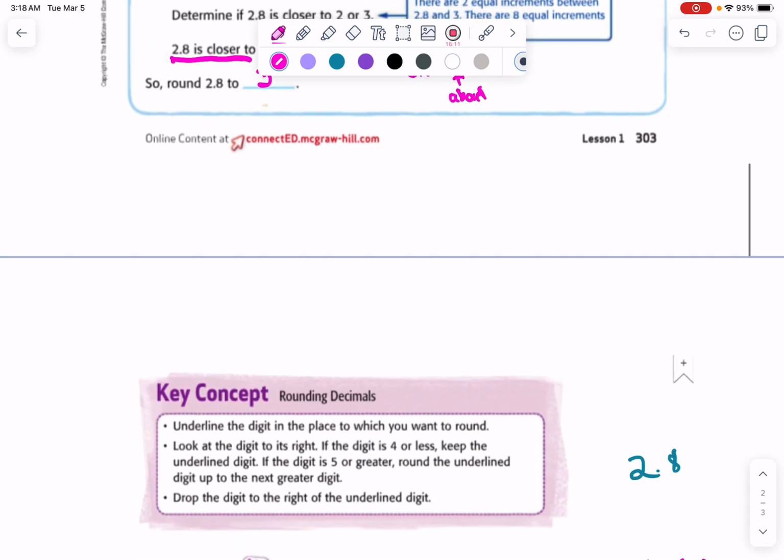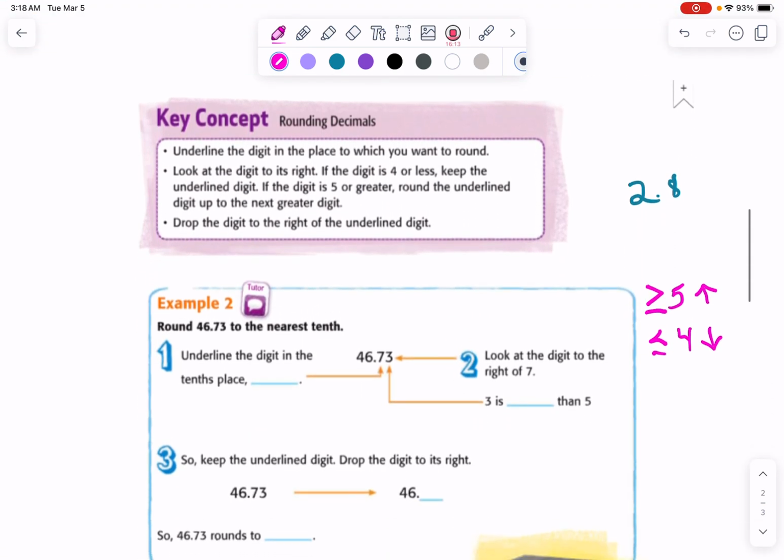Let's move on. Here we have the basic concepts of how we round, okay? First, we underline the digit in the place value to which we want to round. In our first number, that was 2. We wanted to round to the nearest whole number. Then we look at the digit to the right. That would be our tenths place. And we decide, is it 5 or higher?